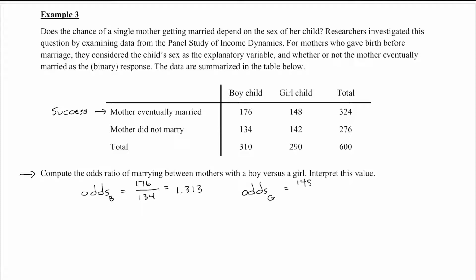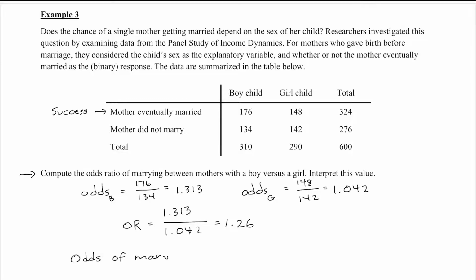The odds of success among the women that had girl children, that is number of successes over number of failures, is 1.042. And so the odds ratio would be 1.313 over 1.042, so putting the odds in ratio with each other, and that gives 1.26.